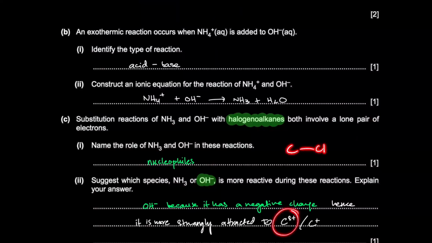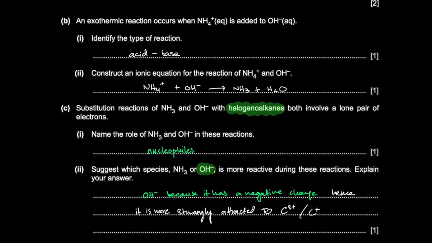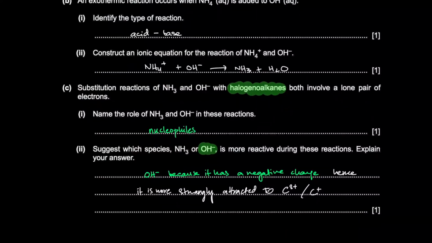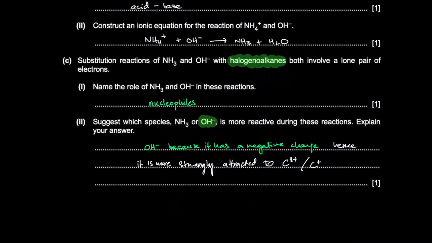If you remember, in nucleophilic substitution we have a carbon that's partially positive, and the hydroxide will attack that carbon. Now it could be partially positive or you could get a carbocation, in which case the carbon is fully positive. Either one, it's a better nucleophile.